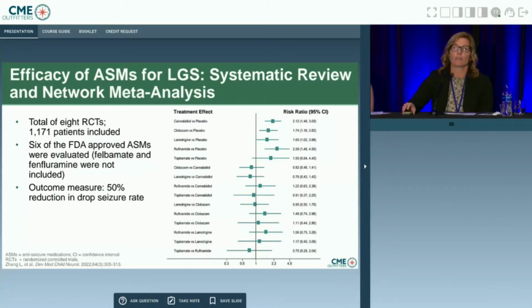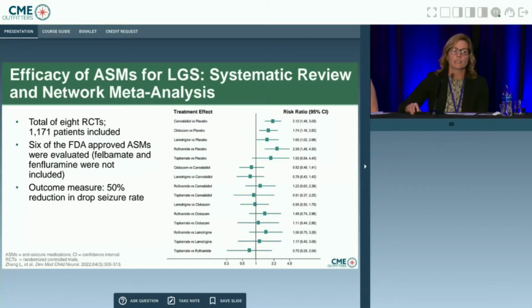To this end, there have been a lot of studies that have looked at efficacy of our anti-seizure medications for the LGS population. And I'm certainly not going to go through all of this with you, but the message that I wanted to show here is really there was no one significant medication that had better efficacy than another. This was a meta-analysis looking at 8 randomized control trials with almost 1,200 LGS patients included.